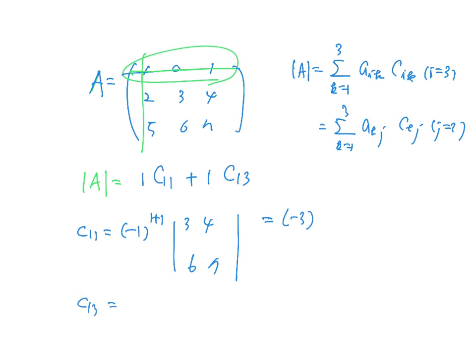C13, you delete the first row, third column, so this is your minor. And minus 1 to the 1 plus 3, and 2, 3, 5, 6.